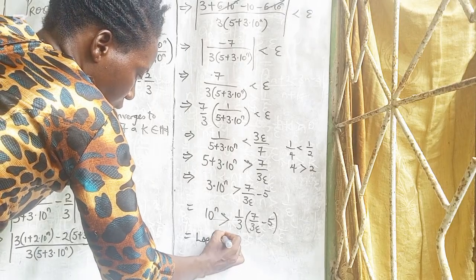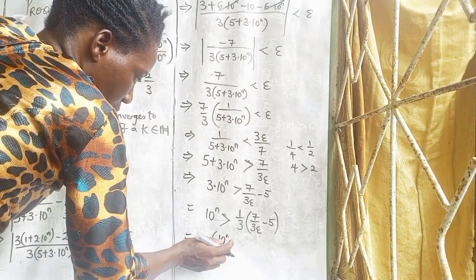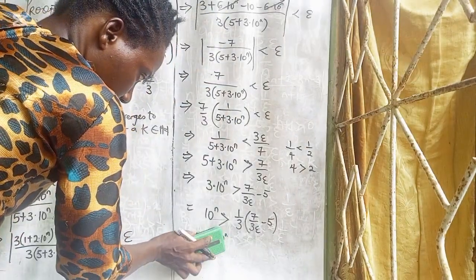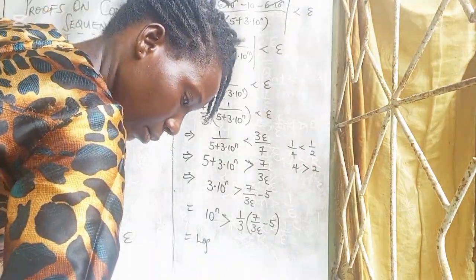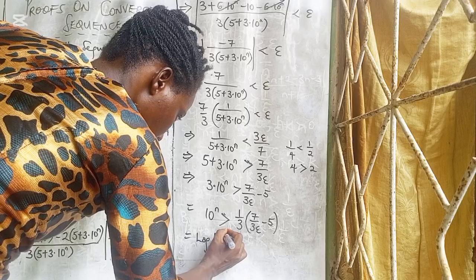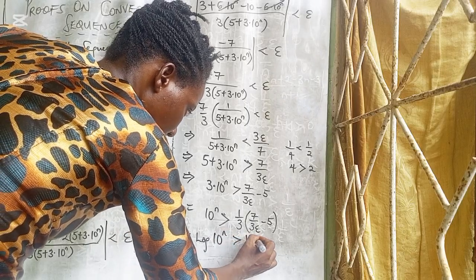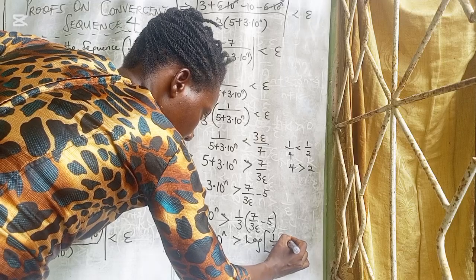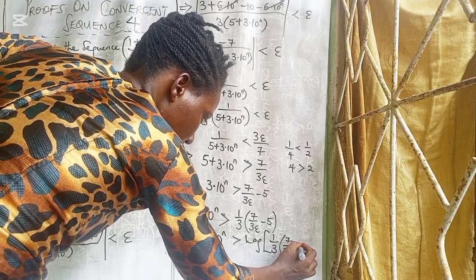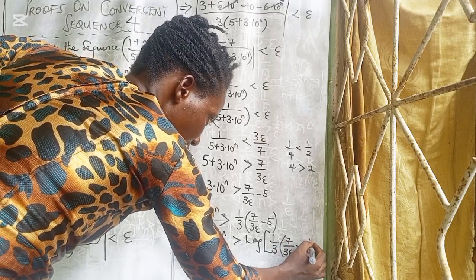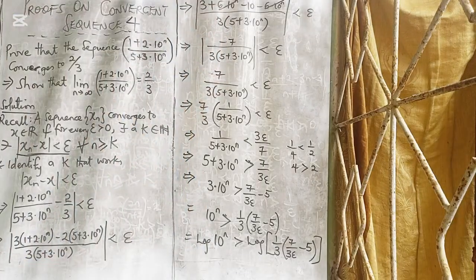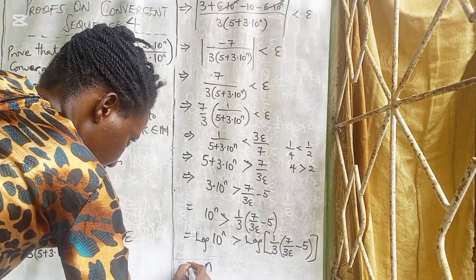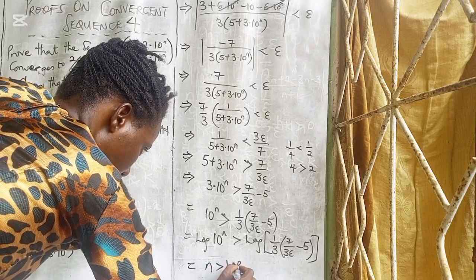The log of 10^n will be greater than the log to base 10 of 1/3 × (7 over 3 epsilon minus 5). By the time we take the log of both sides, we have that our n is greater than the log value.